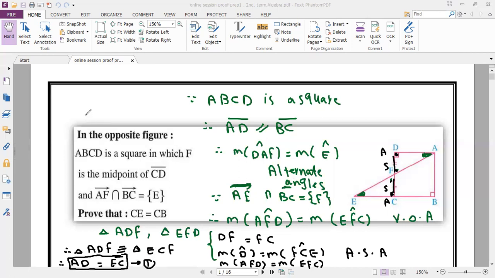And because the shape is a square, AD is equal to BC. That is number two. From 1 and 2, AD is equal to BC and also AD is equal to EC, so BC equals EC. That's it.